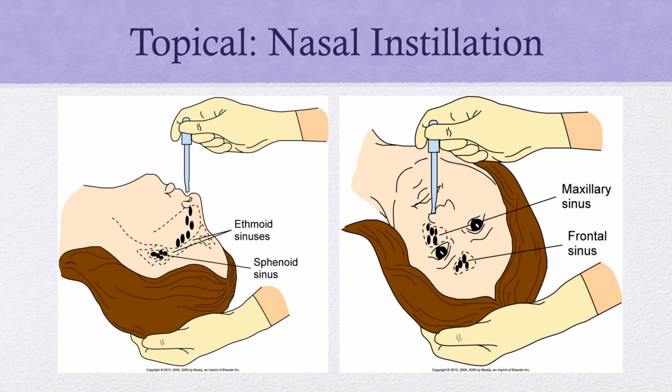So for sprays, we're going to prime that spray first, right? Spray, spray, spray, wait for you to see the medication actually come out. Then we're going to insert into the nose and spray away from the center of the nose while the patient inhales. So you can see that picture on the right-hand side. They're kind of going away from the center of the nose to apply those drops.